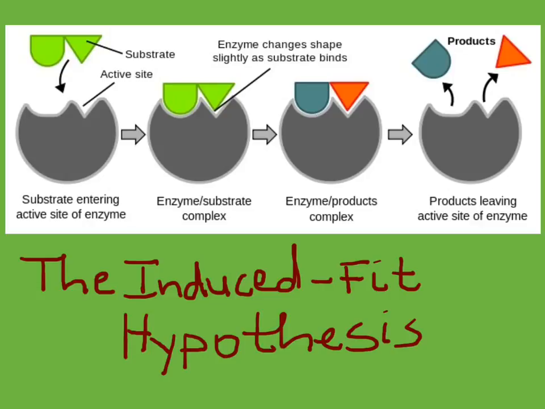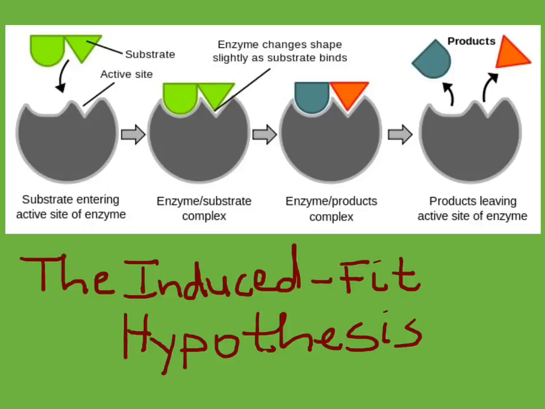And you look critically that the products that are produced are different to the shape of the active site and are also different to the original substrate that we had at the beginning of this reaction. And you will see again that the enzyme fully regains its normal, original shape.